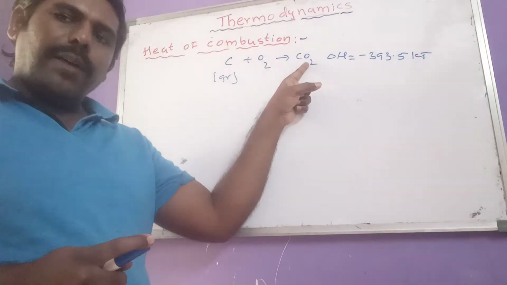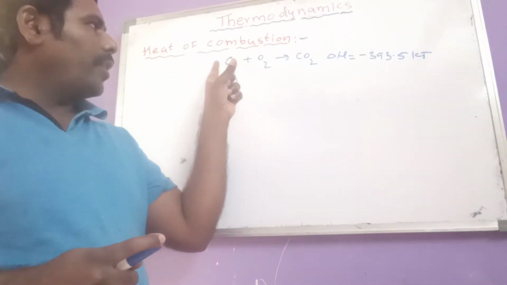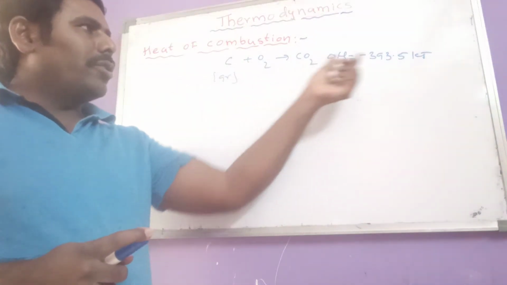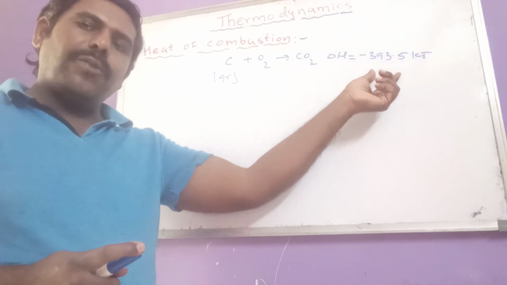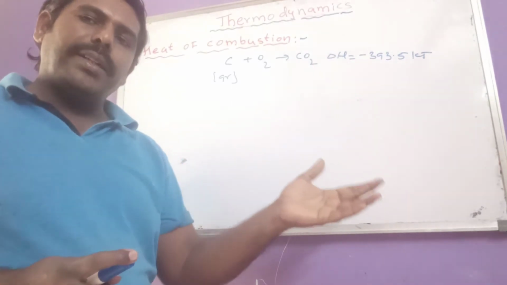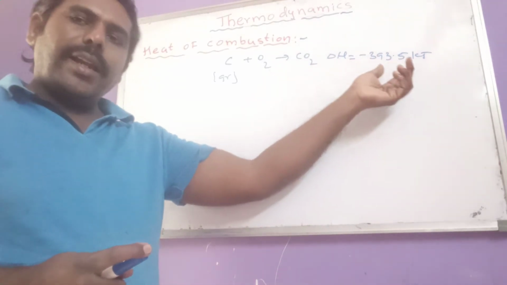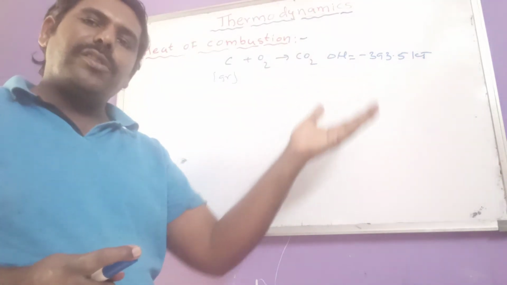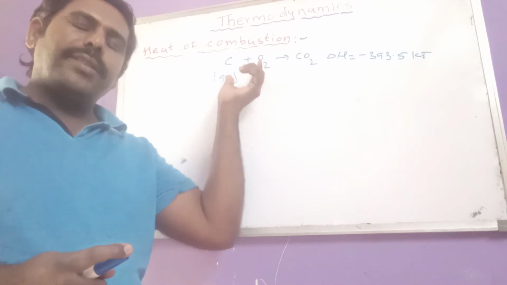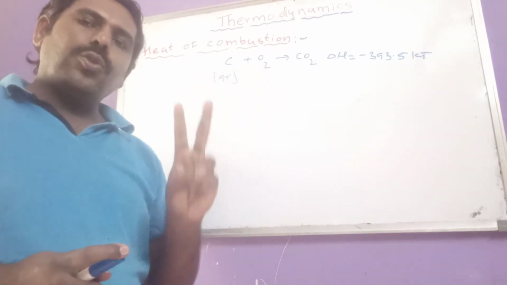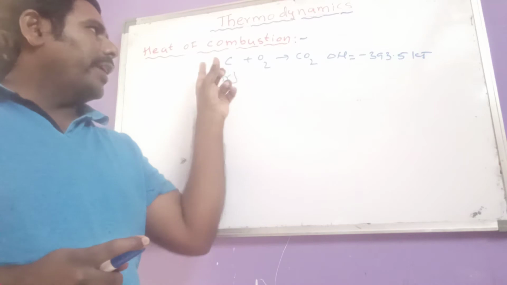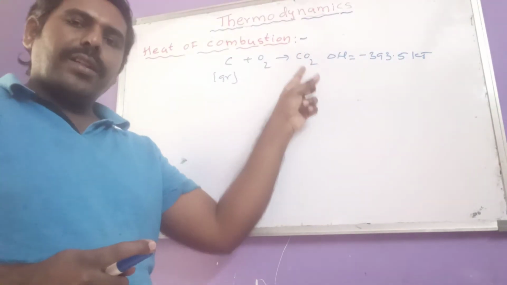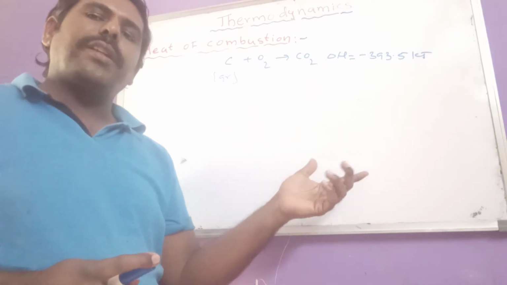CO2 is formed in this reaction, that too from its constituent elements present in standard state. So the same minus 393.5 kilojoules comes under heat of formation of CO2 also. That means this reaction indicates two heats of reactions. One is heat of combustion of graphite, another one standard heat of formation of CO2.